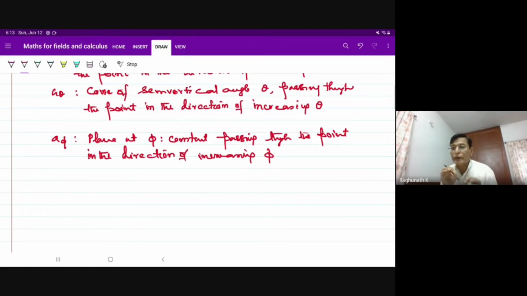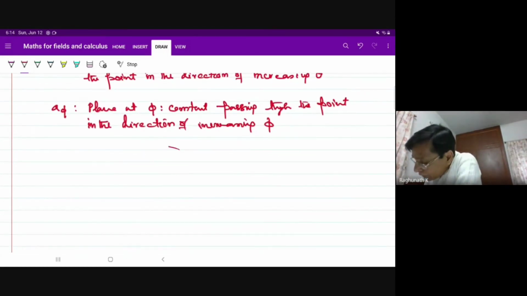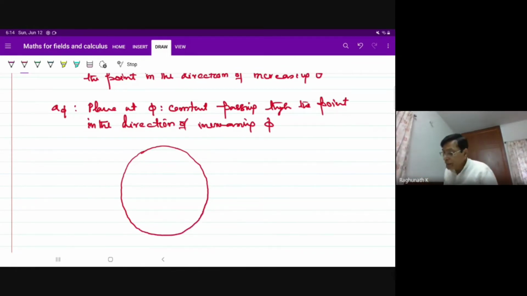Let us look into the unit vectors. If a sphere of radius r, I think you are sure that at any point on the sphere, radial line only is a_r, correct? Wherever you go, radially outwards is a_r. Listen carefully.